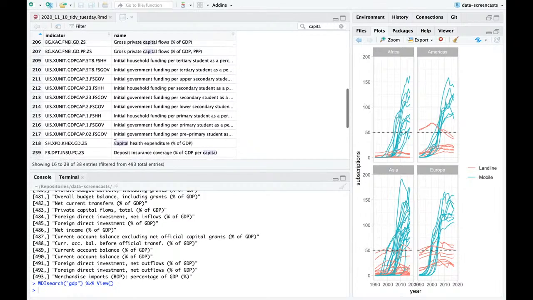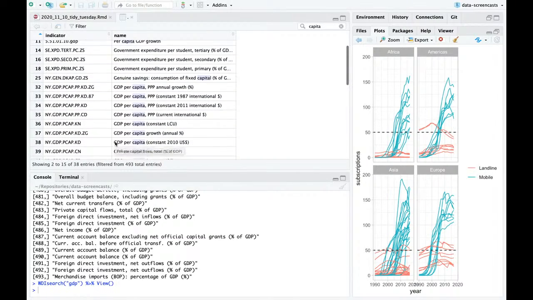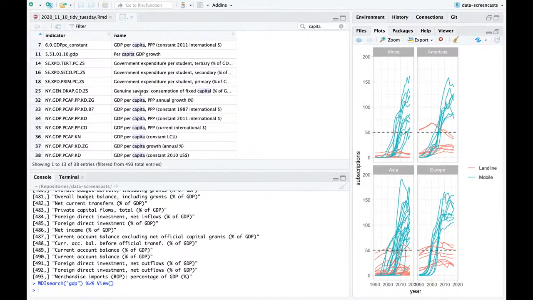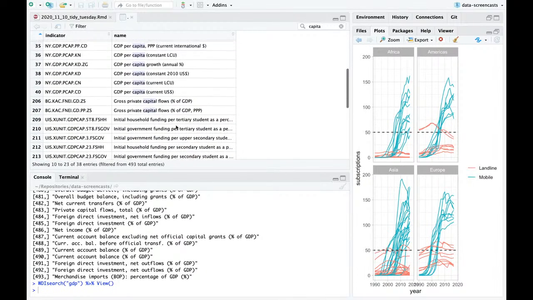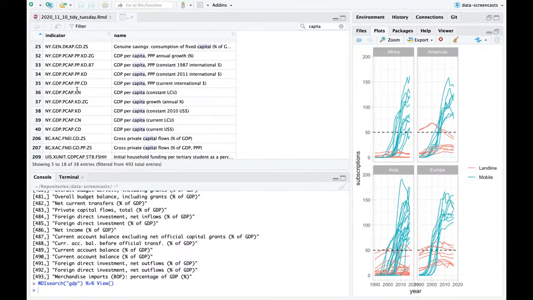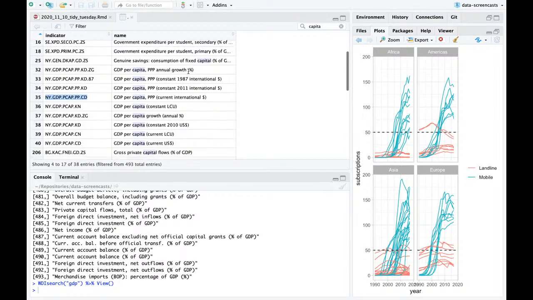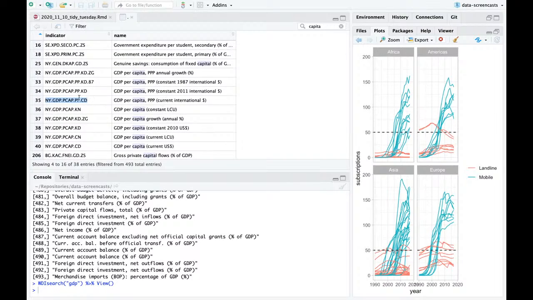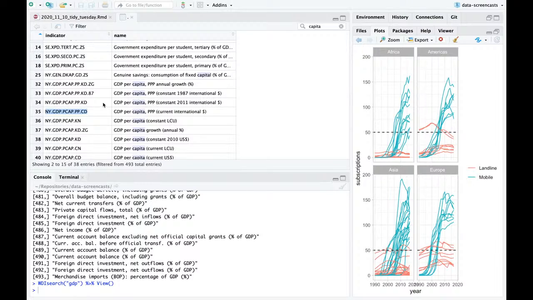I'm already pulling some data. I'm going to just go ahead and pull it myself. So I'll say GDP per capita. There it is. GDP per capita. Where is this? I think this is the one. Yeah, current international dollars. Sure, I'm going to go with this one. I'm actually going to do 2011 international dollars.